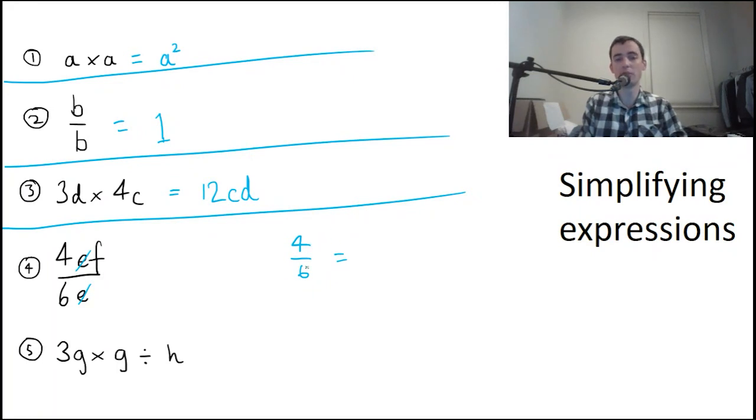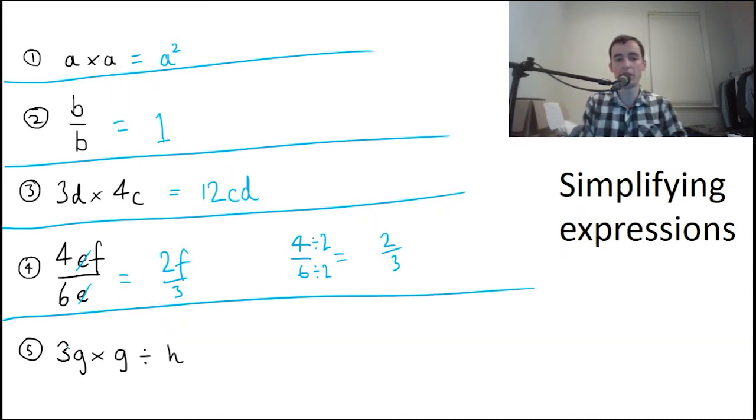So I have to divide top and bottom by 2. Let's do a little divide by 2 here. And then I get 2 over 3. So the answer is 2f over 3. That's it. So it wasn't so hard after all. There we go.